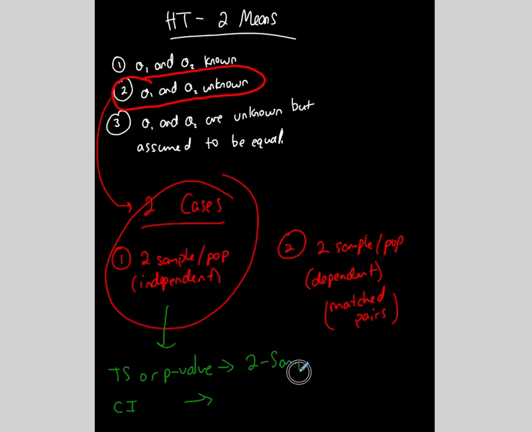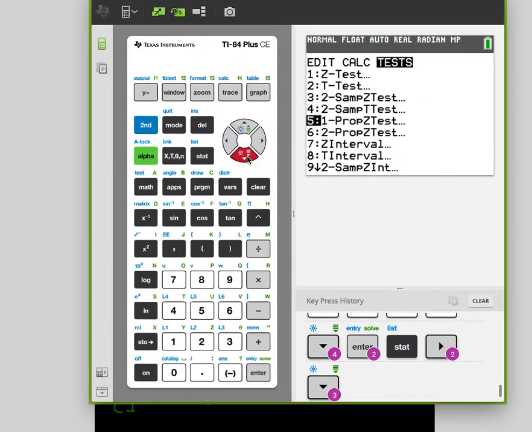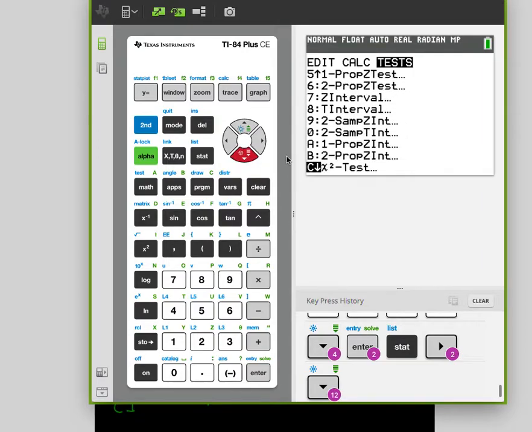Remember that when you do the stuff on the calculator that ends in test, it gives you a test statistic or a p-value. So if I scroll down to the interval stuff, Z interval was when I wanted a confidence interval for one population mean and sigma was known. T interval was when I wanted a confidence interval for a population mean and sigma was unknown.